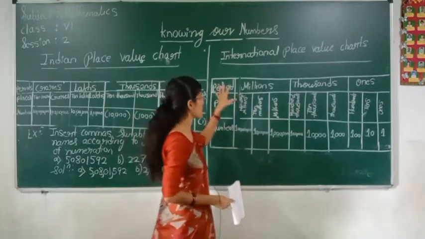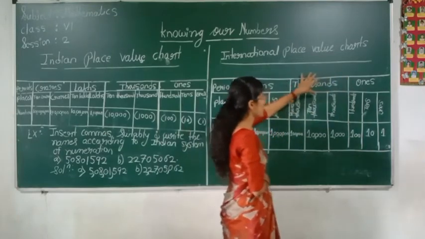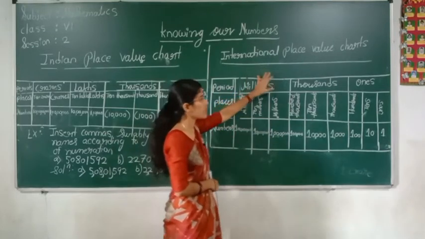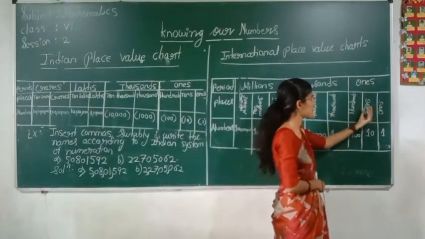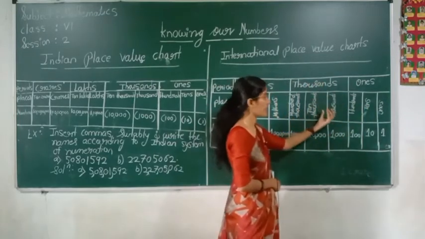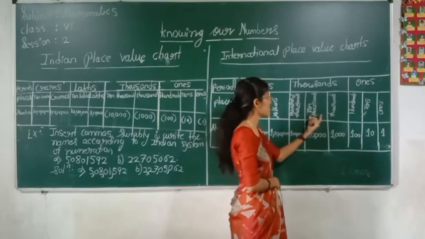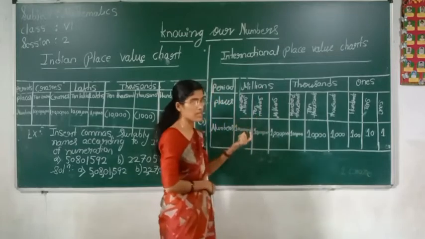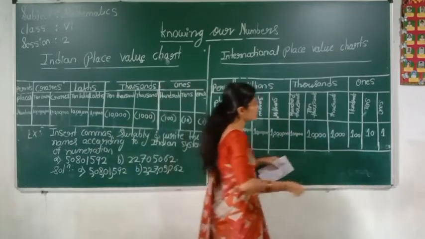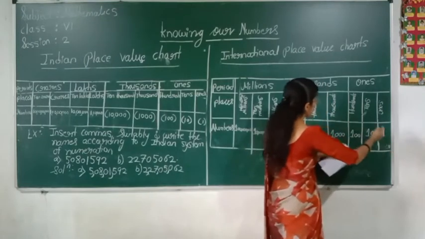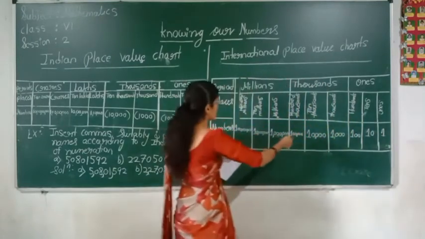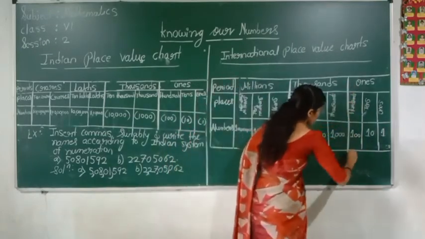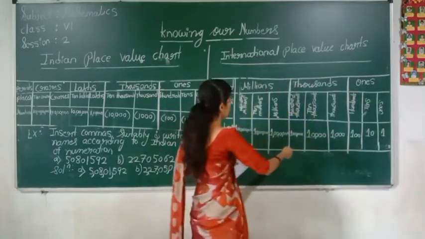So the first period is ones, the second period is thousands, the third period is millions. Each is one period, and we can also call it a family.